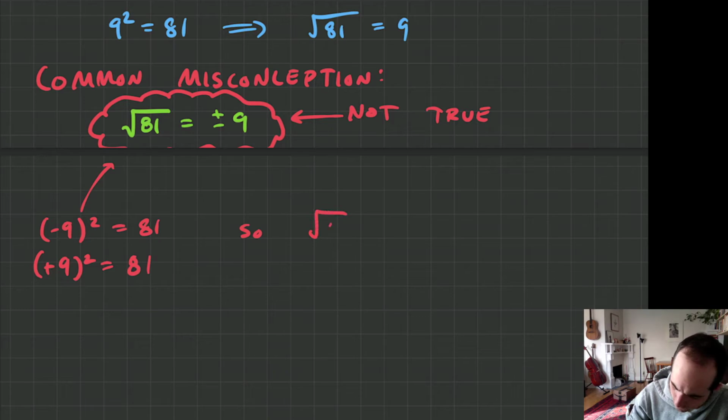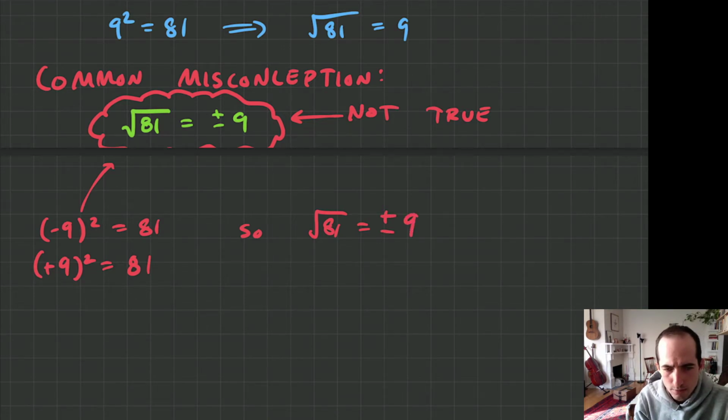So the square root of 81 has got to be either one of those. It's got to be either positive 9 or negative 9. So it's plus or minus 9.